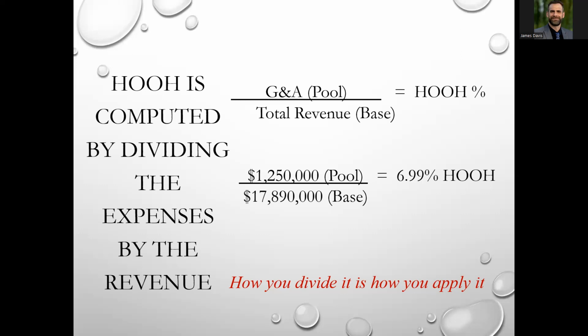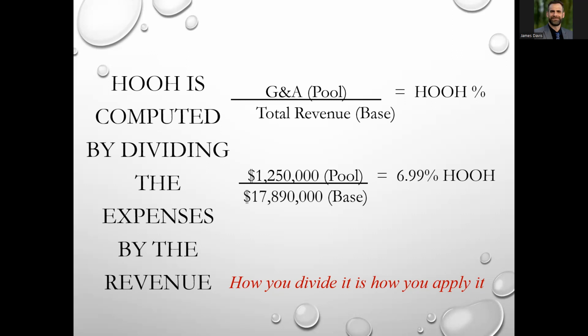For example, if you are dividing your G&A expenses by your total revenue for the year, you'll come up with a percentage. That means every time you put out a cost proposal, remember it's detailed, you apply that percentage to the total revenue. Some people say, I only set up my G&A based on labor hours because I'm labor driven. I don't care about my revenue, I care about my labor hours. So they divide their G&A expenses by their labor cost, and therefore G&A is only applied to their labor cost.